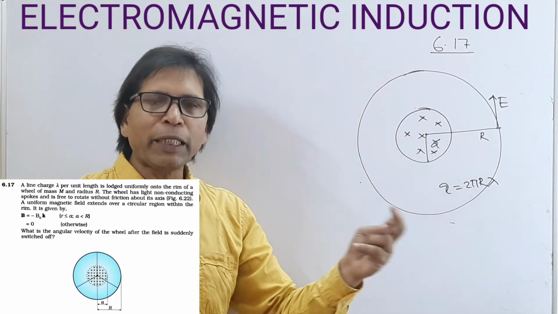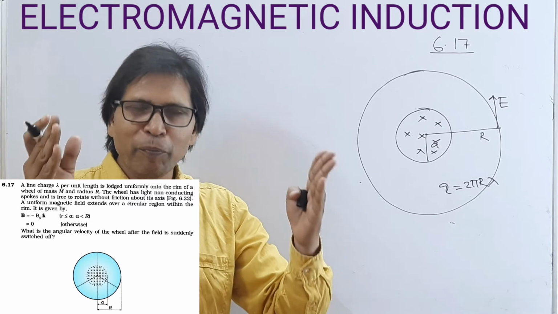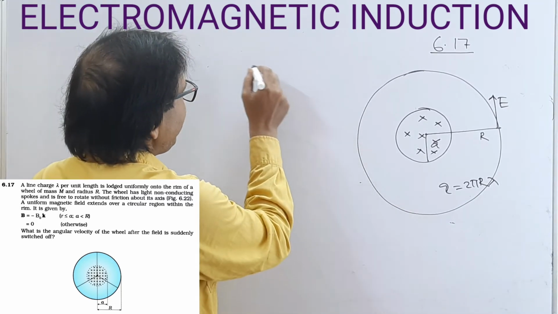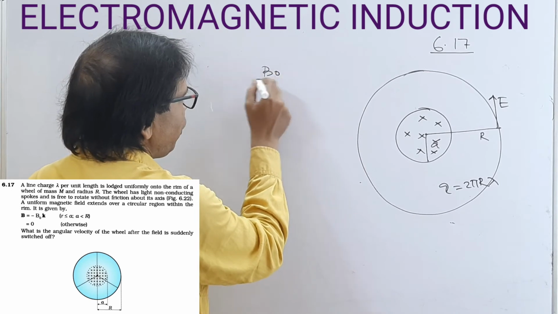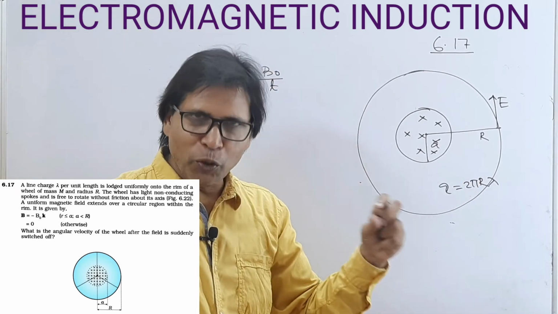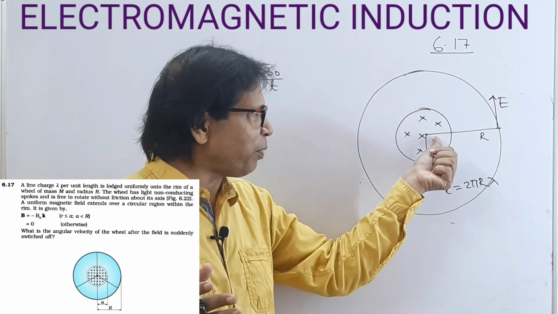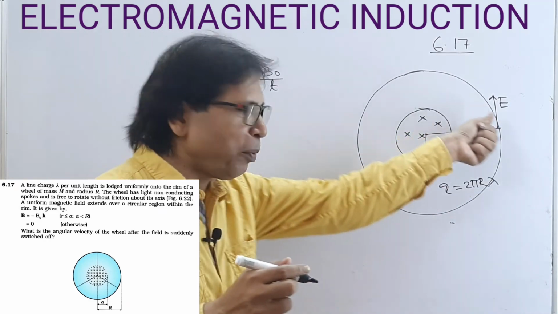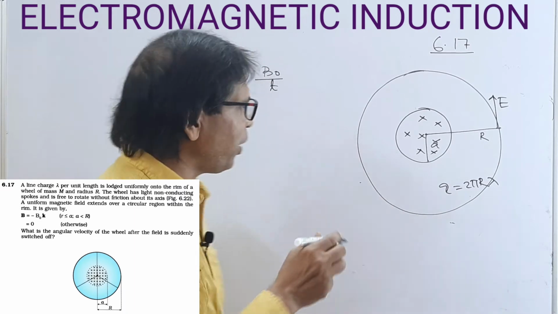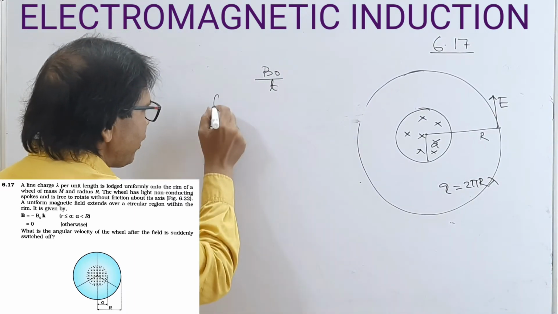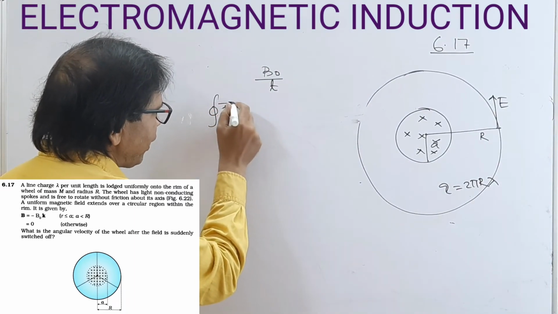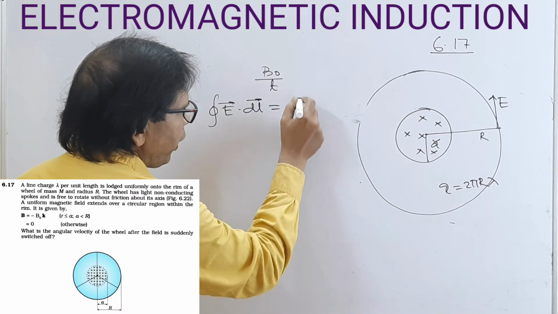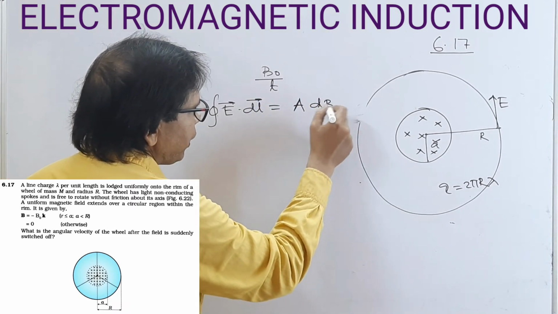As the magnetic field changes from B0 to 0 in time t, the change of magnetic field is B0 by T. Due to this changing magnetic field, an electric field is produced. If E is the magnitude of electric field, now applying the formula, the line integral of E vector dot dl vector is equal to A into dB by dt.